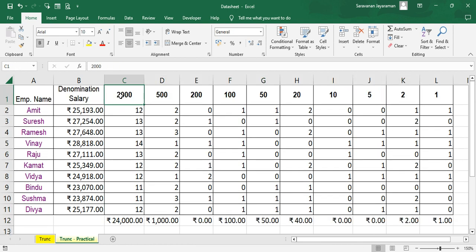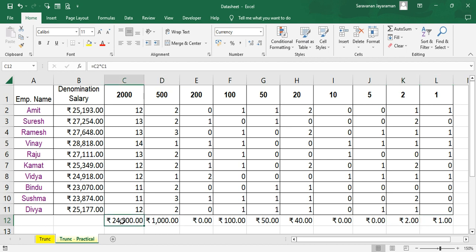Now you see, 12 notes of 2000 rupees, 24,000 gone there, 2 notes of 500, 1,000 rupees, and 100, and 50, and remaining 20 rupees note, 2 rupees and 1 rupee.